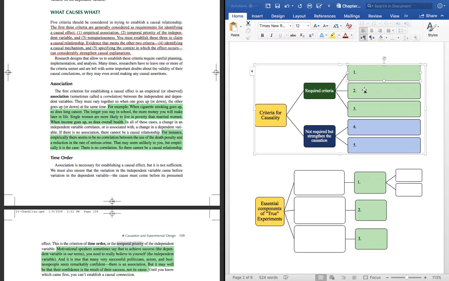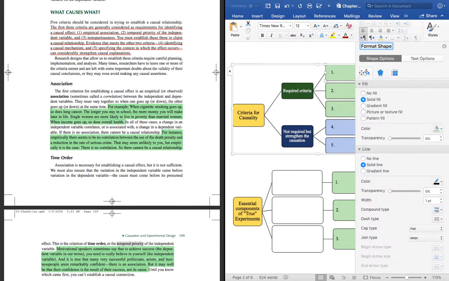The first three criteria are absolutely required. Without one or more of these three criteria, we cannot conclude causality between two variables. And the last two criteria are not required, but they strengthen our causal relationship.